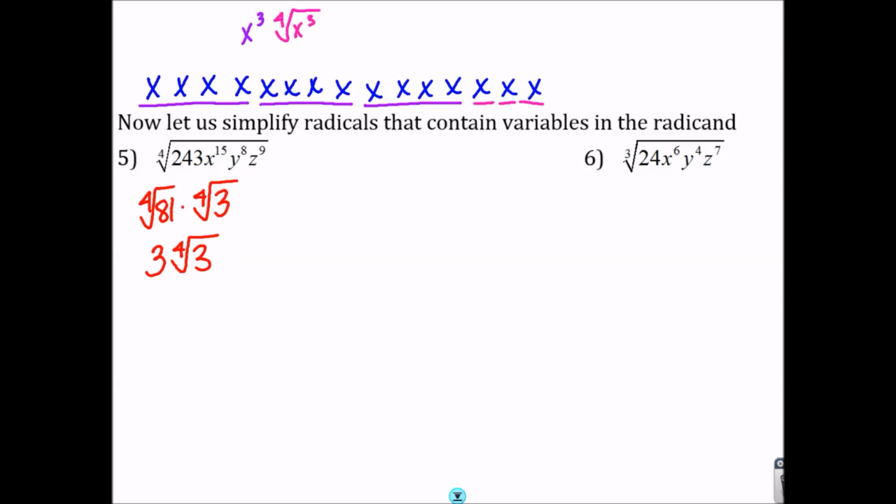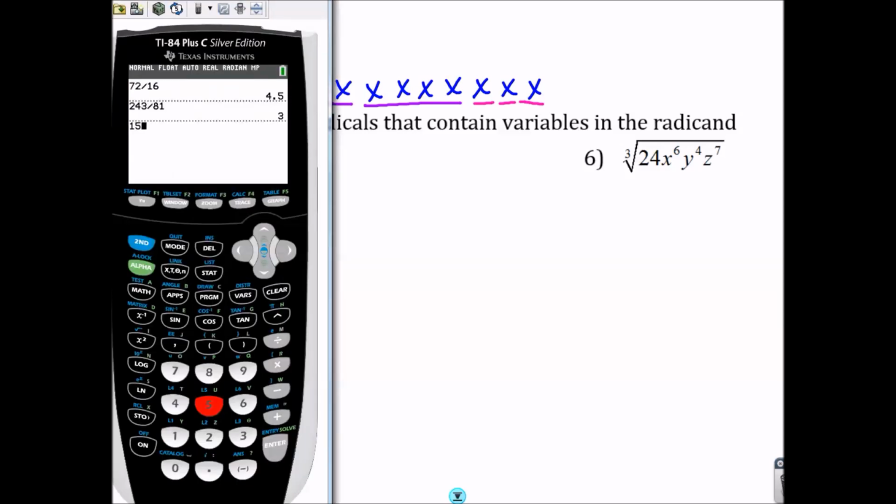So the shortcut for doing this is if I take 15 and divide by 4, I end up with 3.75. So that means I have 3 and then 3/4, or a remainder of 3.